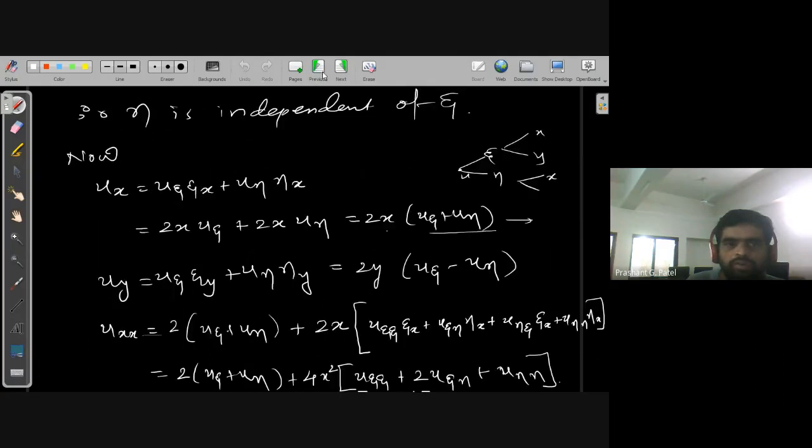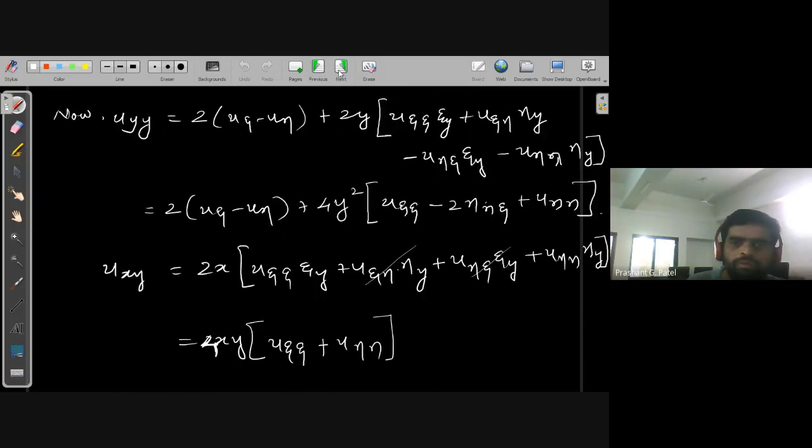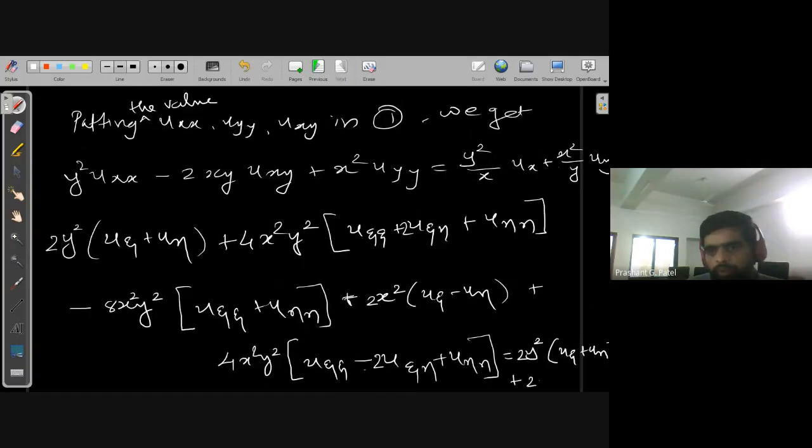The value of uy we have calculated is 2y into this, where y's cancel out. You will have 2 into x square u xi minus u eta. So this is the quantity we'll have here, and you just observe that 2y square u xi plus u eta will cancel out. This value is cancelled with this.